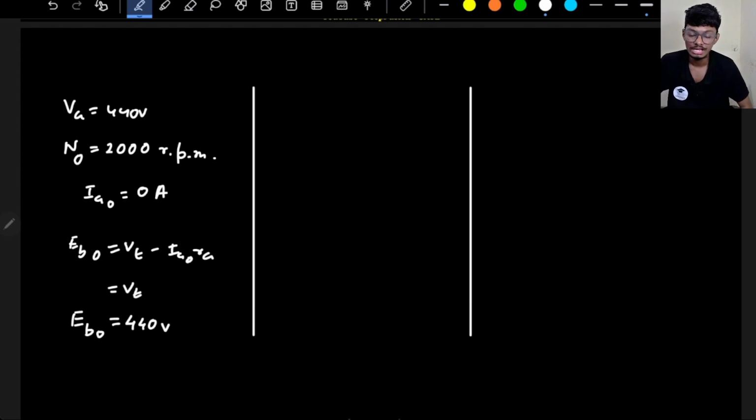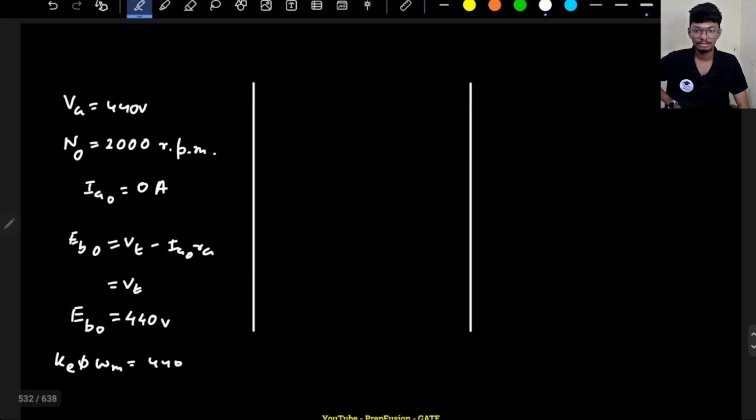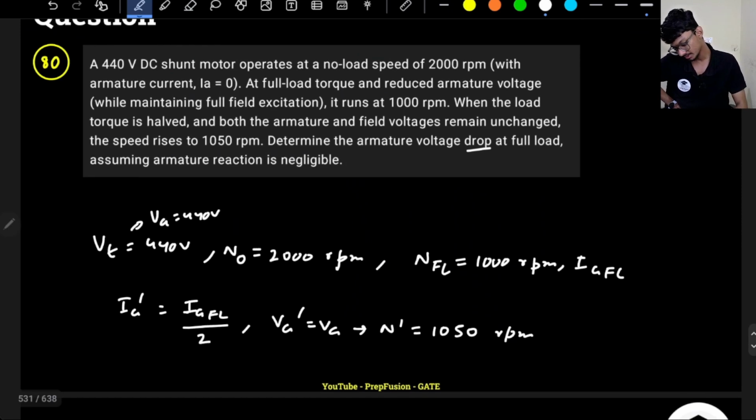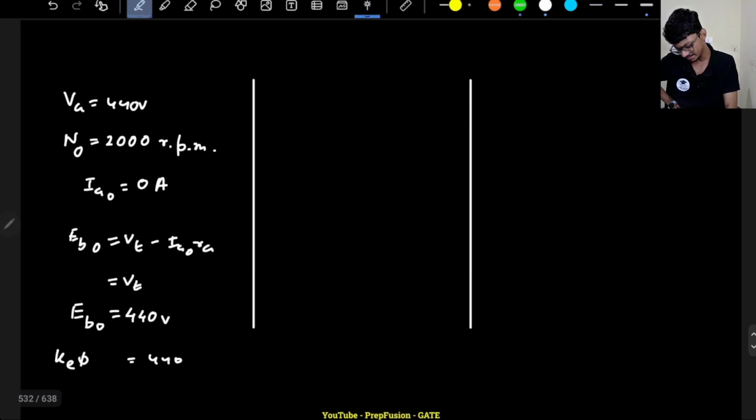Okay. Now again we will try to find out the constant. So what is the constant? I know my Ke phi omega m is equal to 440. So from here I can directly find out what will be the Ke phi omega. Now one thing I will do, instead of writing in omega, since everything is mentioned in revolutions per minute, I will write this value in rpm.